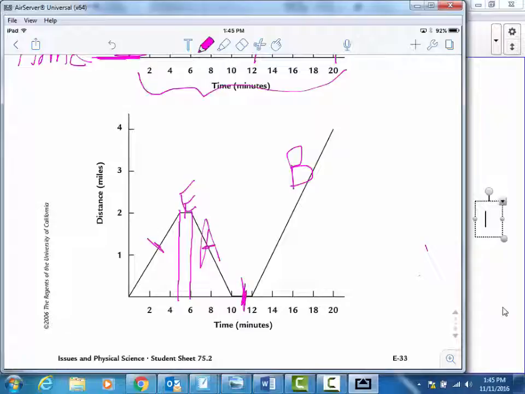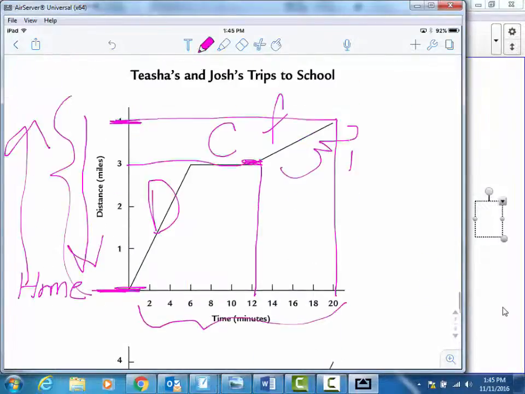And that one shows that the car is doing what? Stop. Yeah, it stopped. So it's got to be this one, right? So if we look, we go across, yep, 2 miles, go down 5 minutes, right? So that one is G.